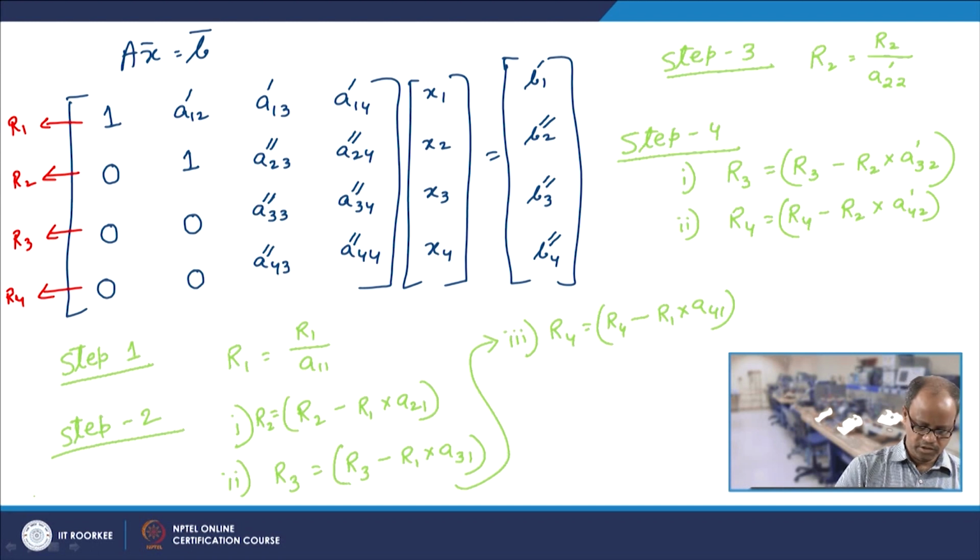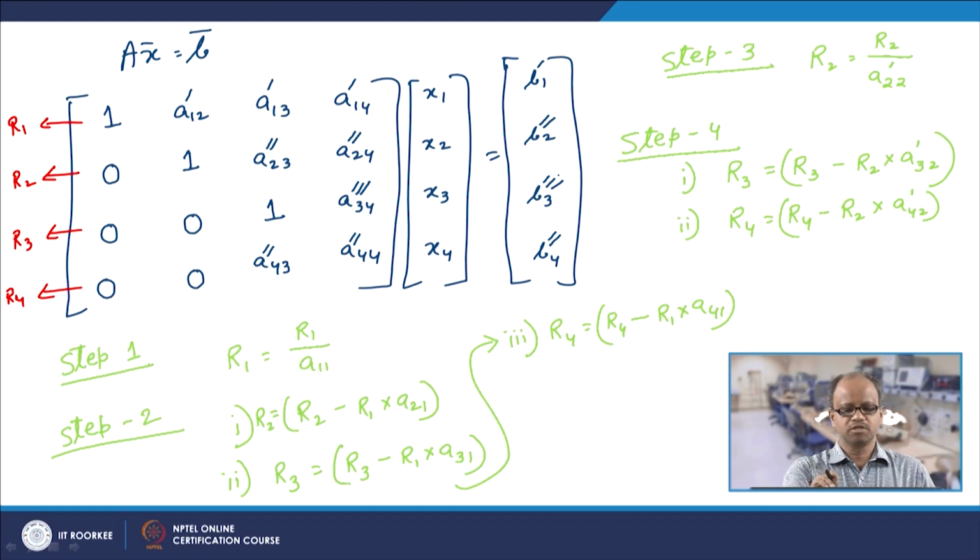Once we divide everything, this becomes unity, and this becomes A34 double dash by A33 double dash. So it is changed. Let us say that it becomes A34 triple dash, and this becomes B3 double dash by A33 double dash, so this becomes B3 triple dash.